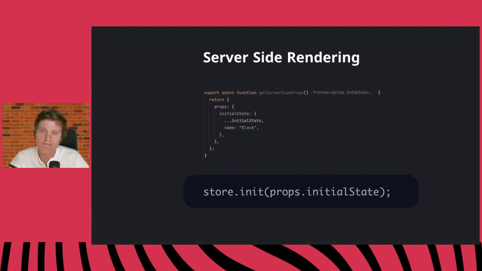And you will ask about server-side rendering as well. So what can we do with server-side rendering? It's a little bit different because we need to get the props. For example, in Next.js, we need to get the server-side props.